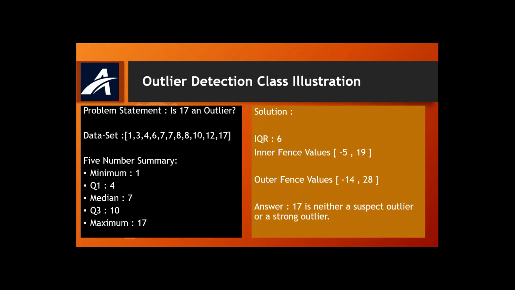So 10 plus 9 gives you 19. So the valid numbers are from negative 5 to 19. If you had a number that is 20 or even negative 6, those would have been outliers.